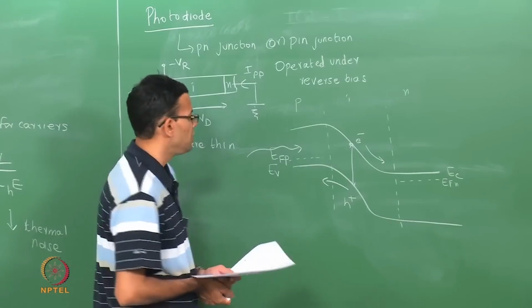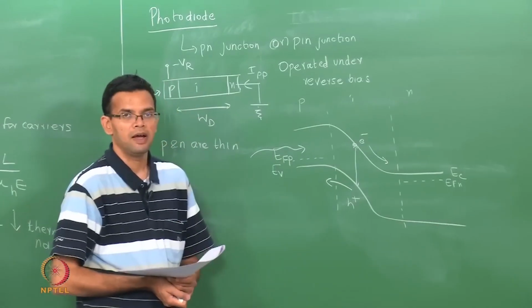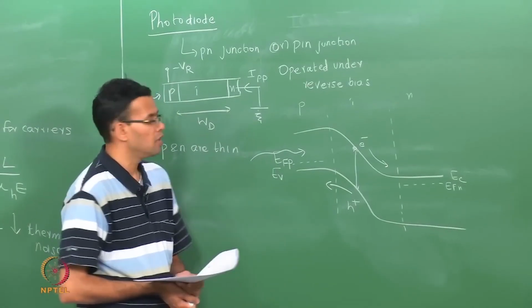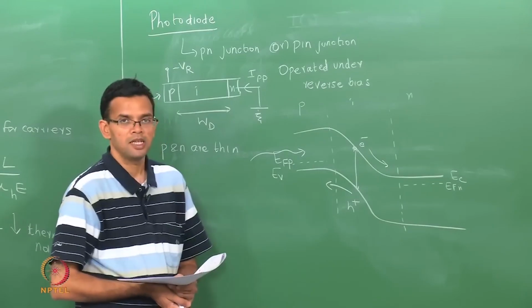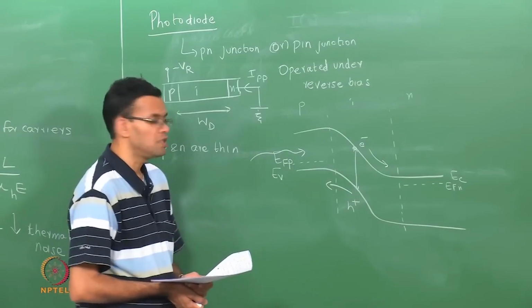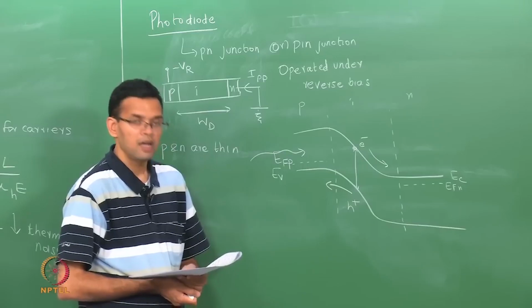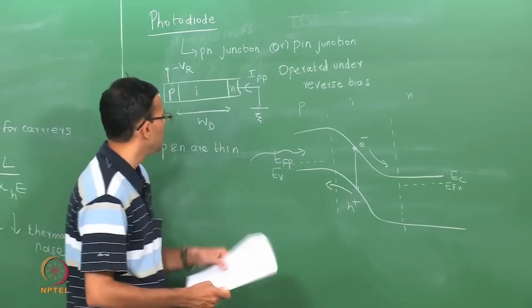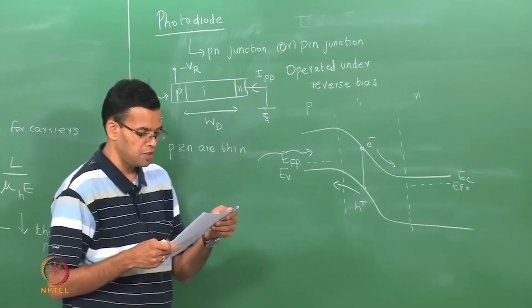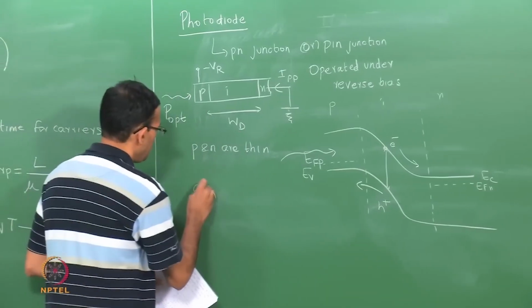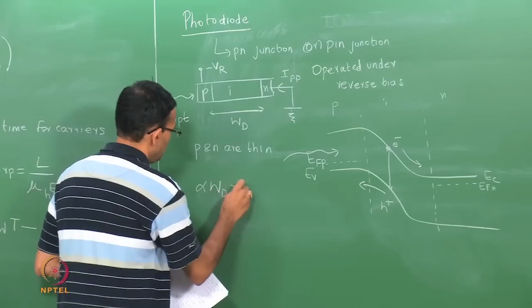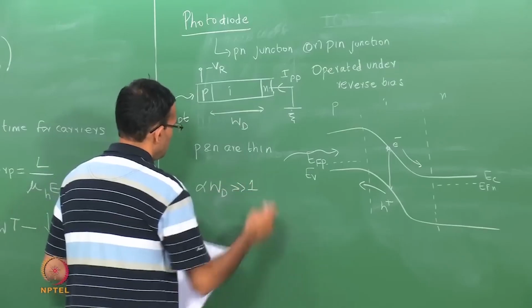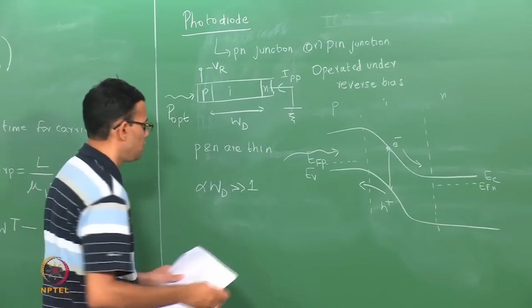So, in the case of these devices, P and N are really short, so that most of the absorption takes place within the intrinsic region. If alpha is the absorption coefficient and WD is the width of the intrinsic region, then ideally we want alpha times WD to be much greater than 1.